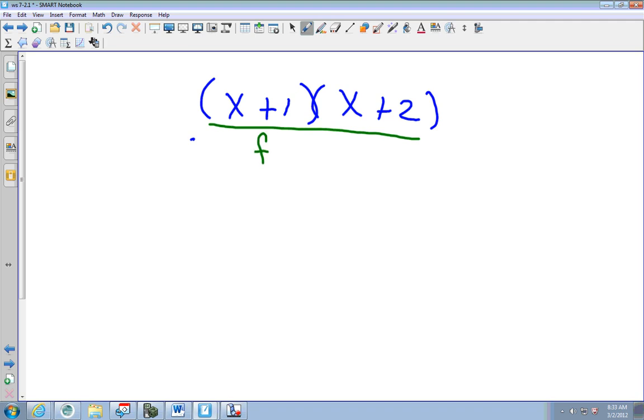Started with an F. Factors. These were factors, and we would multiply them together, and our answer would be what? Started with a P. Product. Our answer would be the product. This is what we did before.